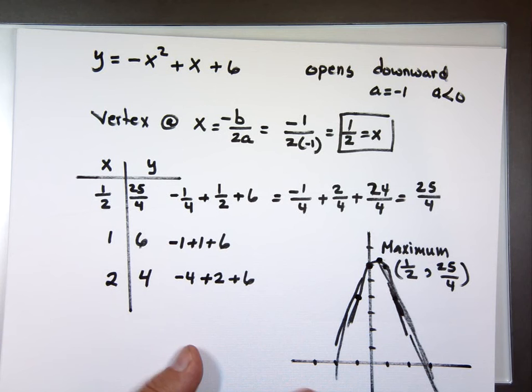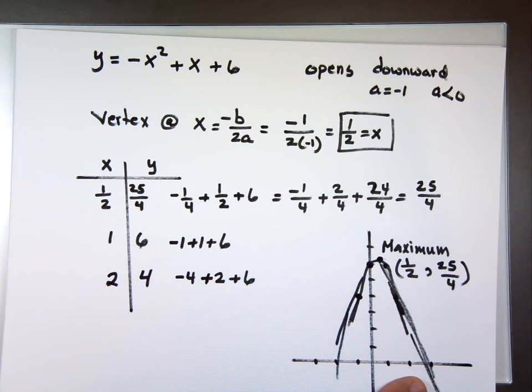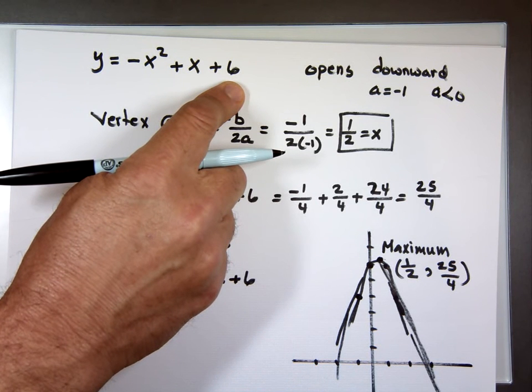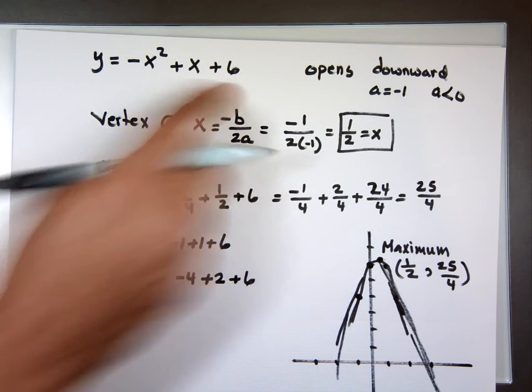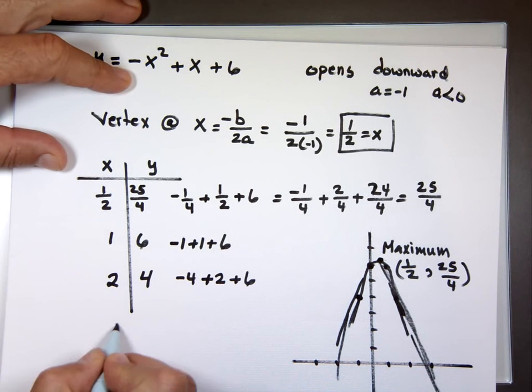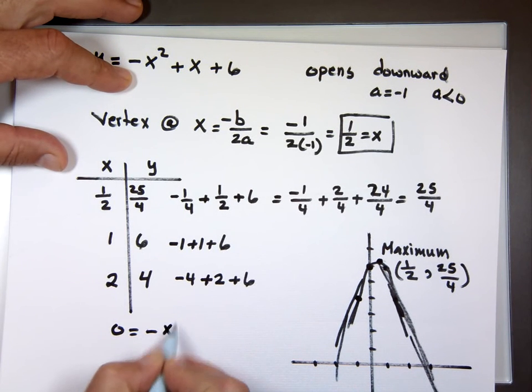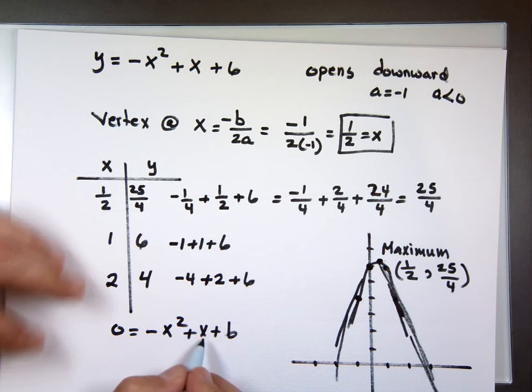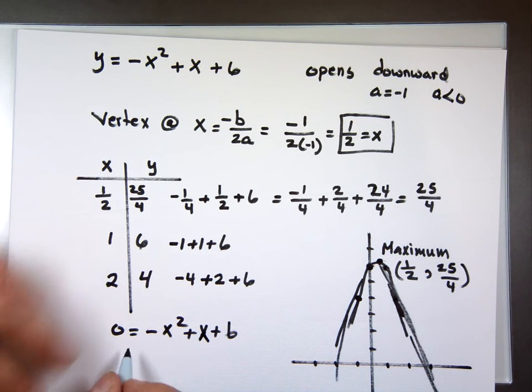If you want to find out where the function intersects the x-axis, what do you do? Make it equal to 0. So if you take that and make it equal to 0, I don't like x squared to be negative, so I'll multiply everything by -1.